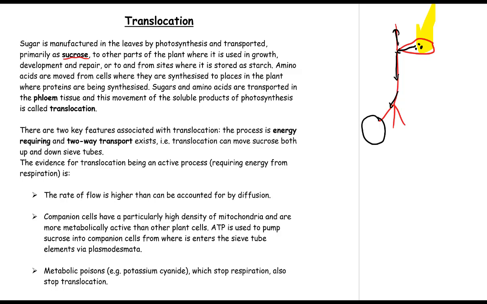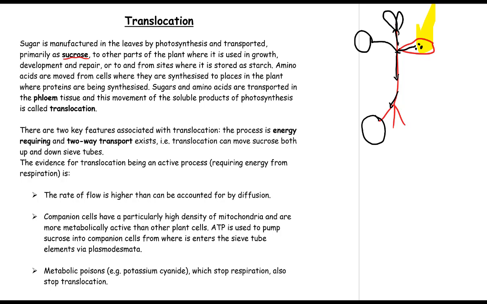It might transport them down to the roots to store them, it might transport them to fruit to store them, or it might transport them to the growing regions to grow more new leaves and new structures and things like that. But either way, translocation is the movement of sugars, and it's the movement of sugars through the phloem tissue.